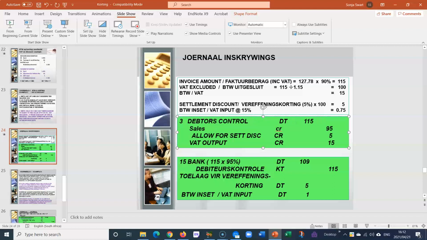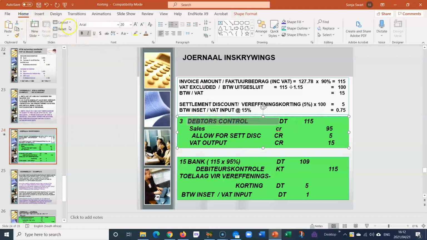So I'm going to clear out my debtors control account now. My debtors control account is going to be credited with the amount of the invoice, which equals then 115 Rand.